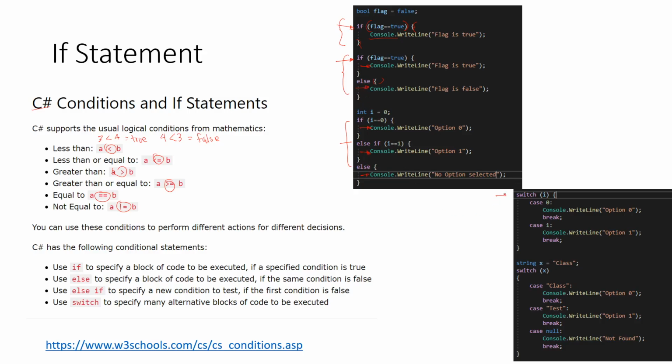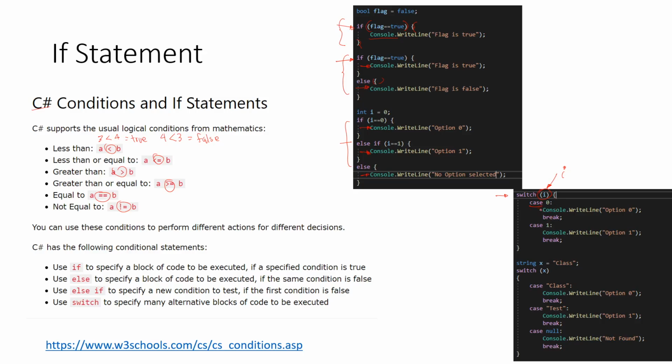Then we have the switch, which works almost the same, but there is a different way to use it. We have the condition here, but you see there is no condition. We only give the input, the variable, so the variable is i, and inside the switch we evaluate the cases.